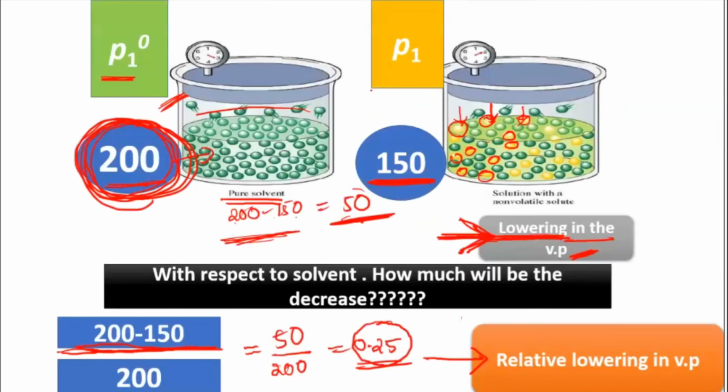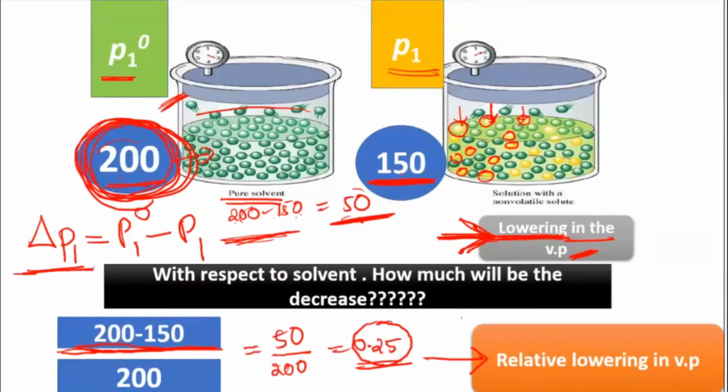See now, how will I write that change? You have seen I wrote 200 minus 150. That is a change. So that change, delta P1, I can write as P1 naught minus P1.